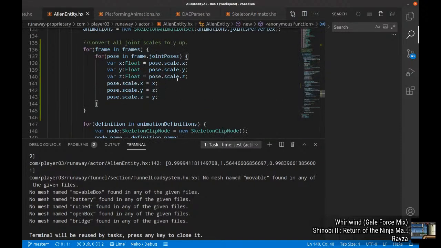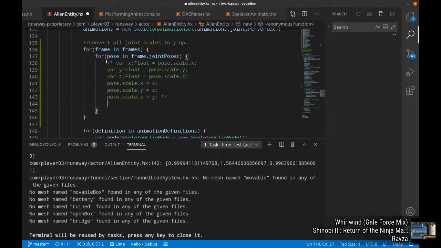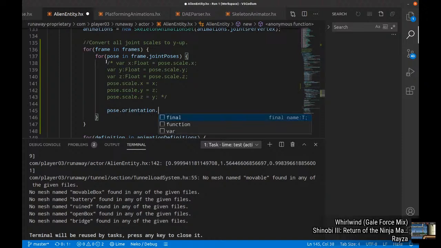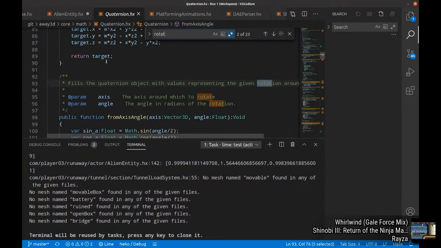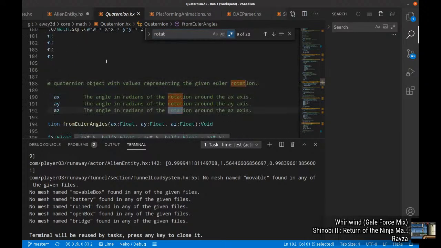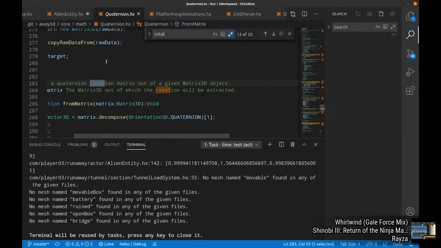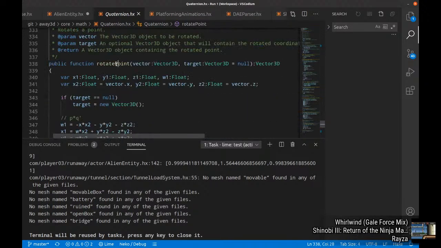The important thing is that we take, well, actually, maybe we do it just once in here. Pose dot get this quaternion, and I think it might have, does it have a function for... It has a function for rotate point.